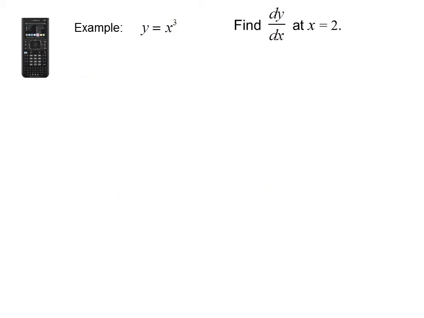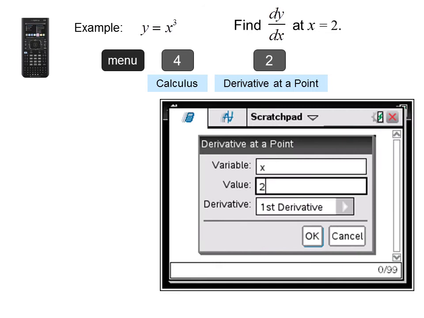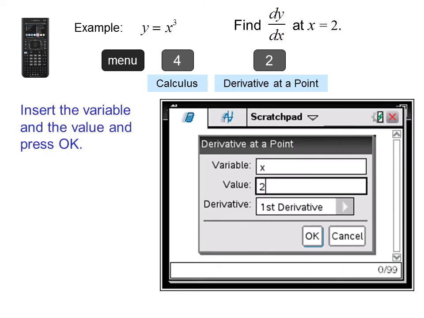To find the derivative at a point, for example, x equals 2, we can do this. Press Menu, 4, calculus, 2, derivative at a point, and this screen appears. Insert the variable x and the value 2 in this case, and then press OK.